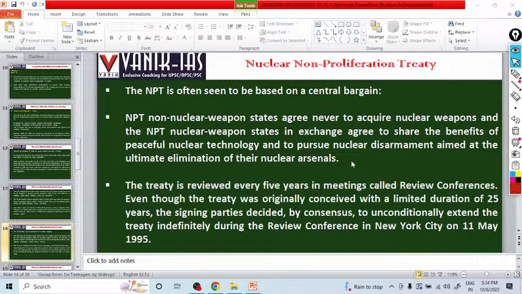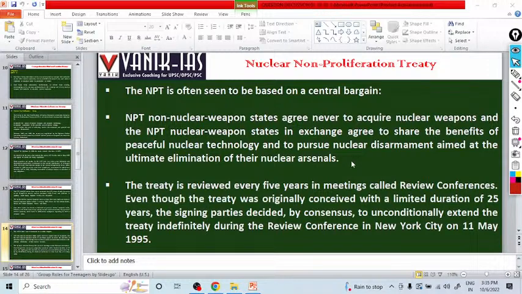In return, as a bargaining measure, the nuclear weapon countries were supposed to provide all benefits of peaceful use of nuclear technology, not weapon technology, to the non-nuclear weapon states, because they are strictly prohibited from developing nuclear weapon technology. So the nuclear hubs' commitment was to provide all civilian nuclear technology to the non-nuclear weapon countries.